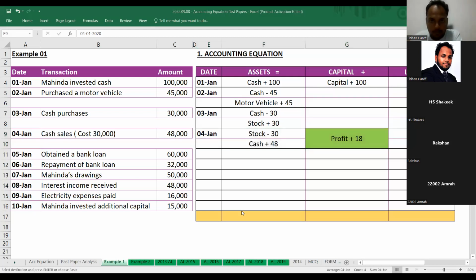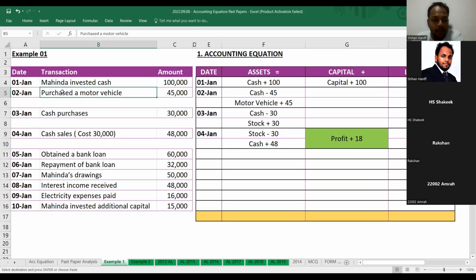There is a question. Why didn't the motor vehicle increase capital? When buying a motor vehicle, they are saying purchased a motor vehicle. So who is purchasing? The business is purchasing.